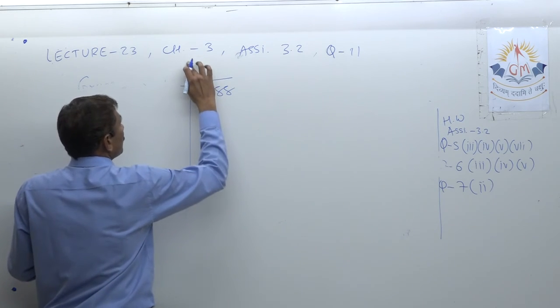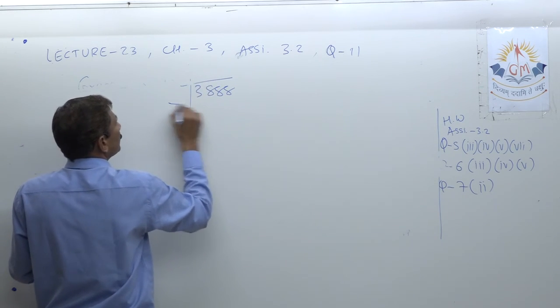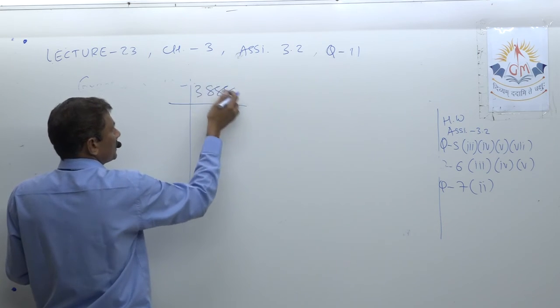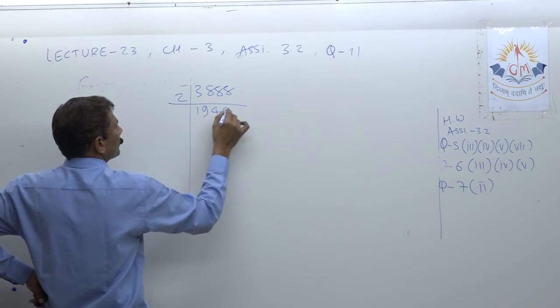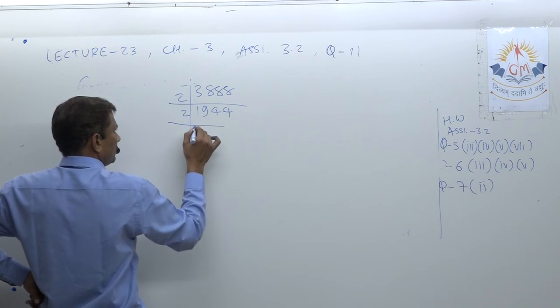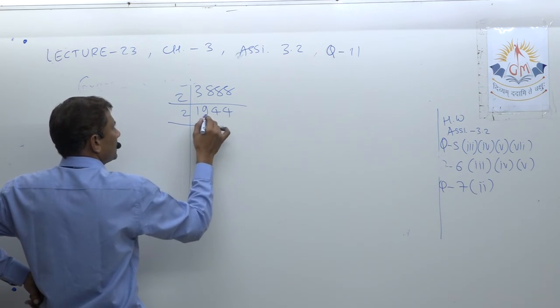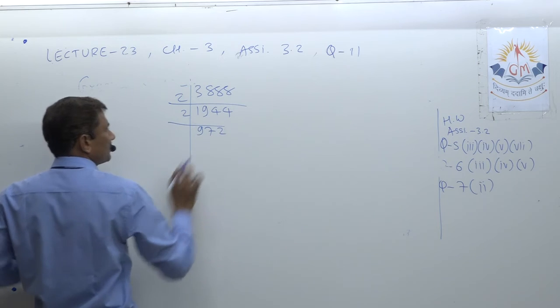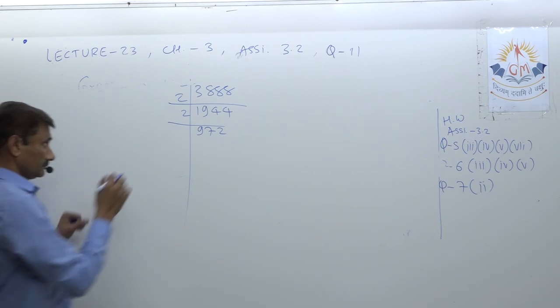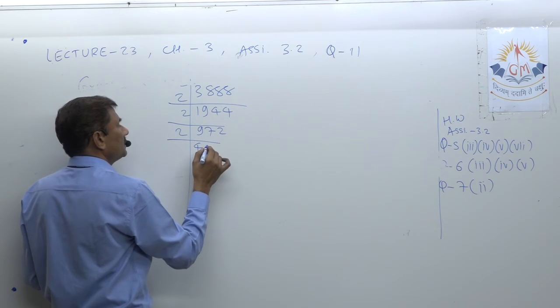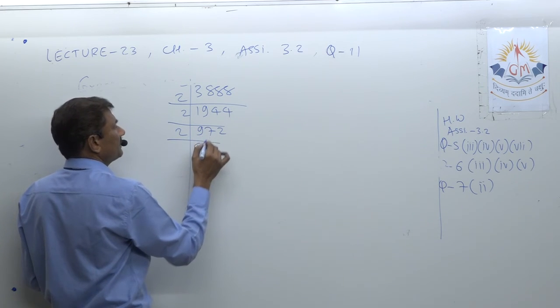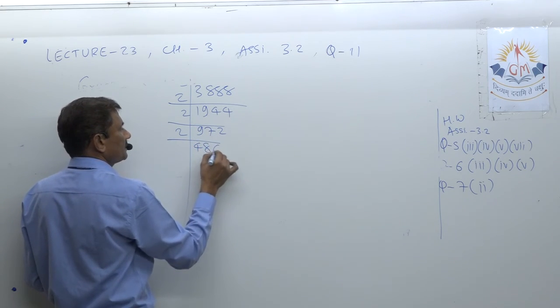Okay, now it is divisible by 2 because it is an even number. So 2 1s are 2, 9, 4, 4. Again 2 9s are 18, 2 7s are 14, 2 2s are 4. Again by 2, 2 4s are 8. Now 8, 1 left, 17, 2 8s are 16, 12, 2 6s are 12.